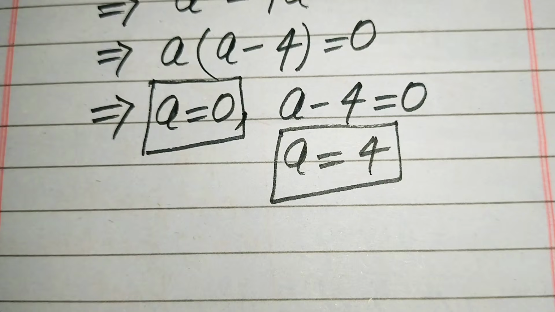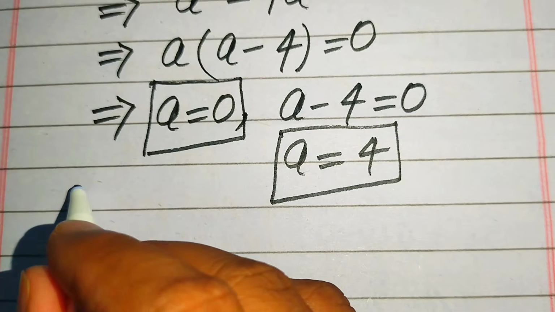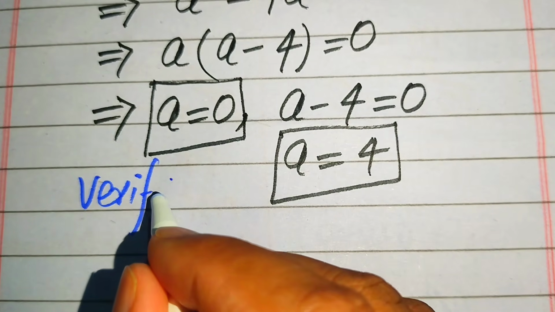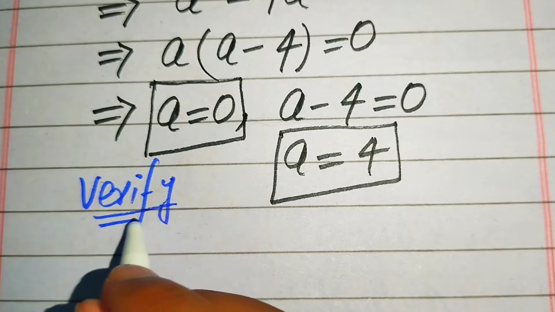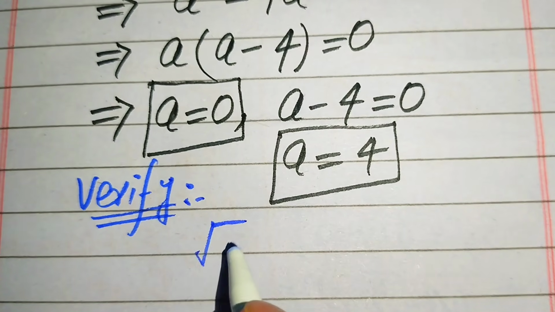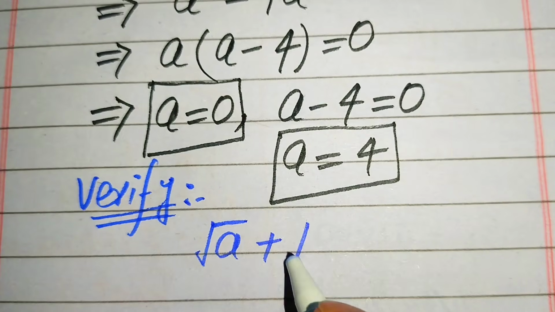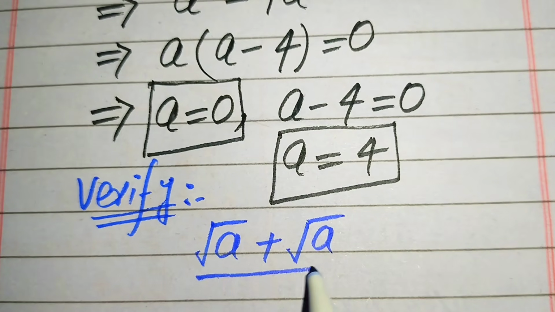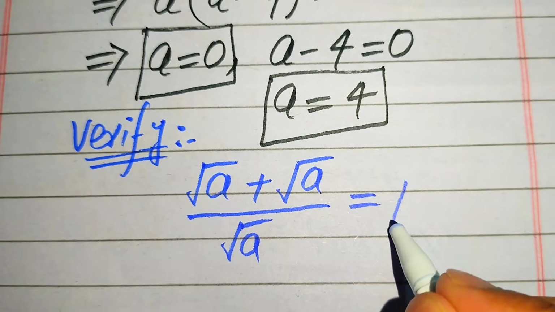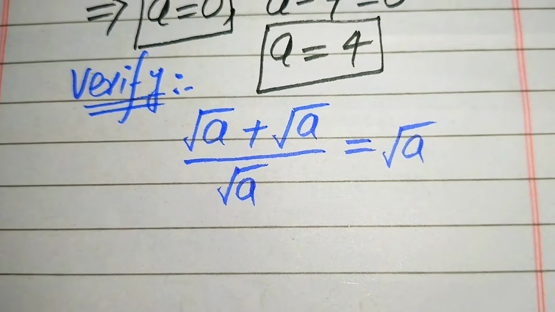And now in the next step, we need to verify whether these roots are solutions or extraneous roots. So for verification of this, we need to copy down the given question statement here, and the given question statement is square root of a plus square root of a divided by square root of a is equal to square root of a.